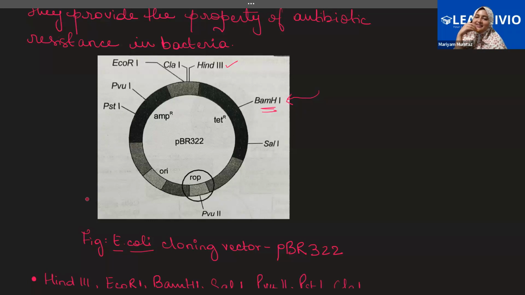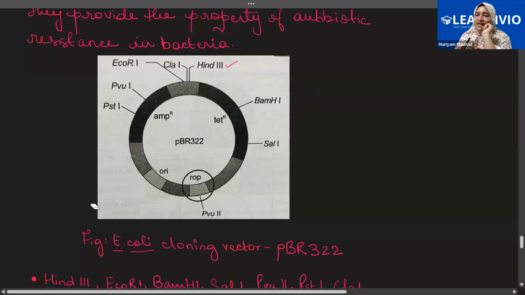Yes, Mariam, say. It won't be resistant. It won't be resistant to which antibiotic? Tetracycline. Correct. Exactly. That is what will happen. If I load the vector at PvuI, then it will lose the ampicillin resistance. This is the whole thing I taught you people in two languages, and still you people don't understand. Now you do, right? All of you do.